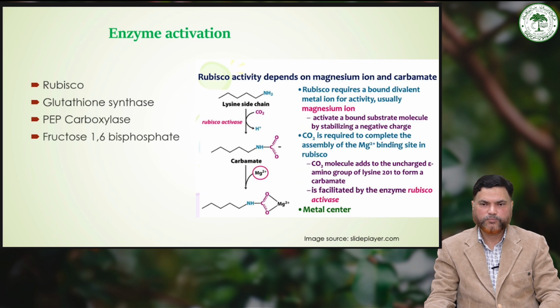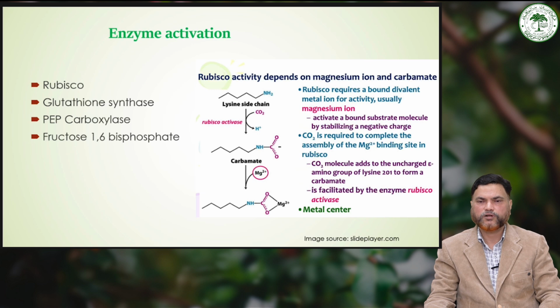Now, the role of magnesium in activation of phosphoenolpyruvate carboxylase. It is involved in carbon fixation during photosynthesis, particularly in C4 plants and CAM plants. In the presence of magnesium, the substrate phosphoenolpyruvate is generally bound in greater quantities and more tightly. So here also magnesium plays a very significant role.